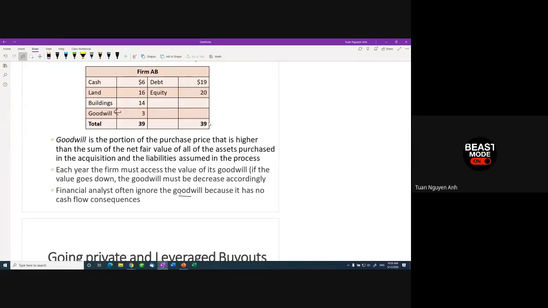When you invest in cash or invest in land, there is more cash flow you will receive from that investment. But if you invest in goodwill, the expectation is that it has no cash flow consequences. So in terms of finance, the financial analysts often ignore the goodwill. So goodwill is not really good.